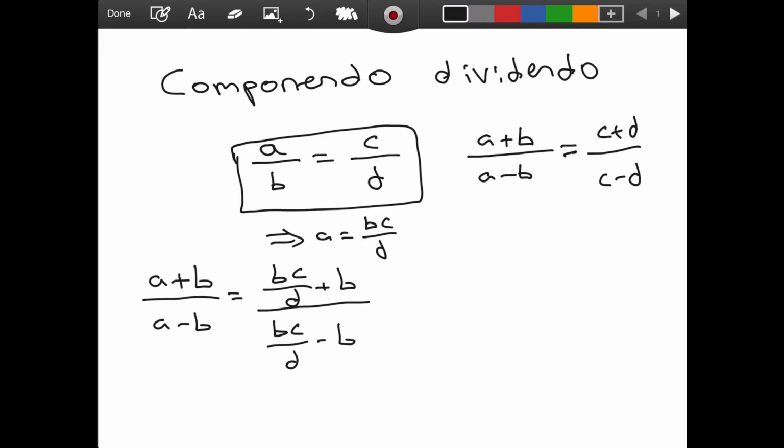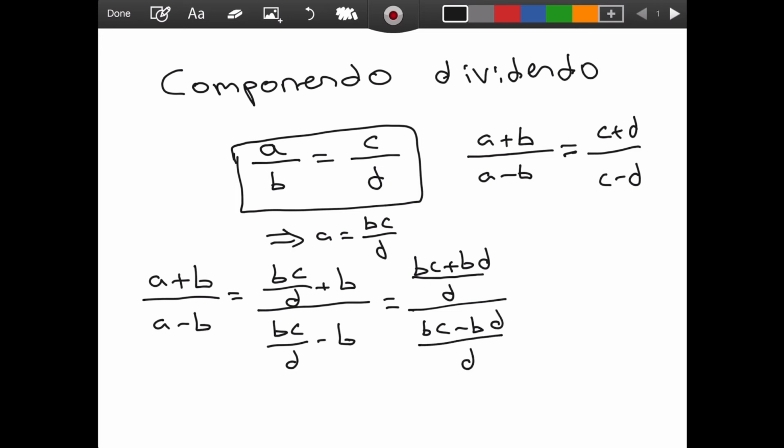All right. So what we can do now is first of all, write the numerator and denominator as one term. For that, we just multiply this B and this B by D and divide by D. Right, this is simple algebra, so that we get this quantity for the numerator and this quantity for the denominator.